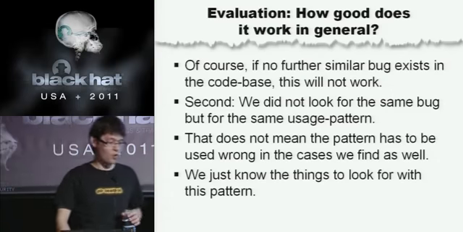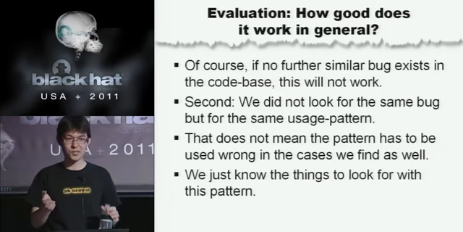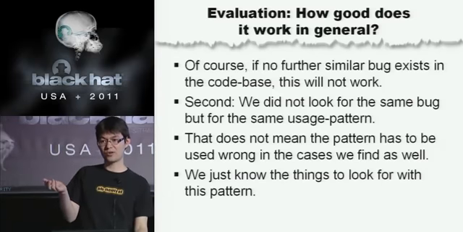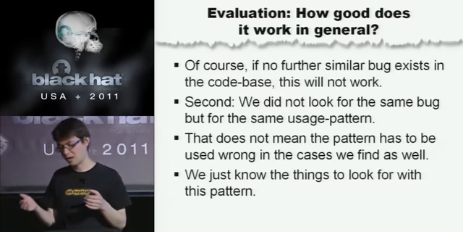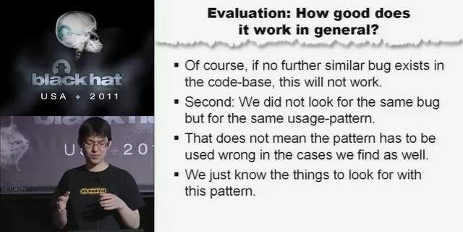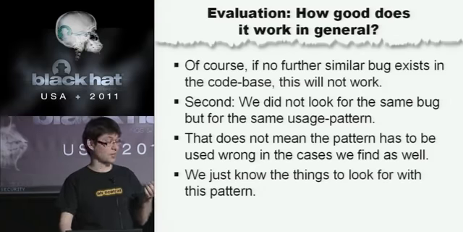Second, all we see is basically things following the same API usage pattern. So if somebody were to implement the exact same functionality, but with different means, then we wouldn't be able to detect that.